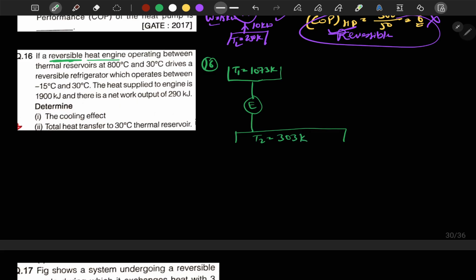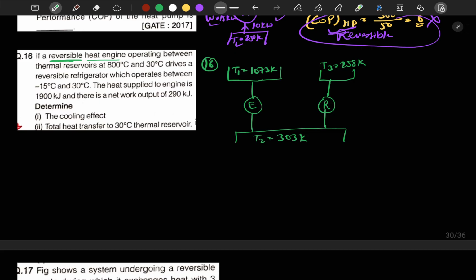And next it is also working with a refrigerator which is also interacting heat with another source, that is at T3 equal to minus 15 degrees Celsius, which will be 258 Kelvin. Next it is mentioned, what is the cooling effect?